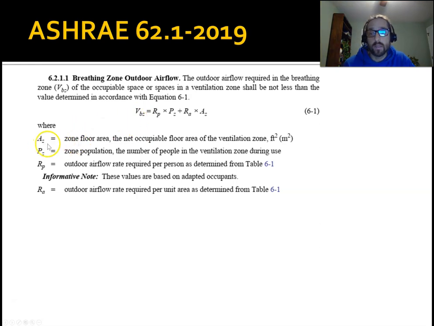It's the R sub P, which is the outdoor air CFM per person, times the number of people at maximum occupancy, plus the R sub A, the CFM per square foot, times the square footage. It's pretty straightforward actually. You just have to find these factors. There's only 4 variables in this equation, and that'll give you your total CFM that's required when the occupancy is at a certain level. So this can vary, just to be clear.